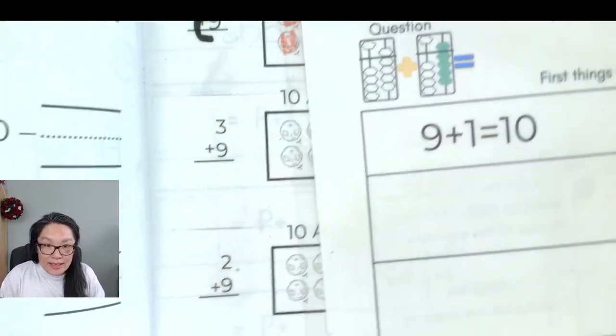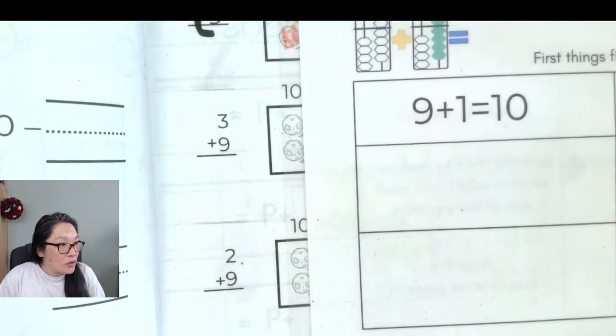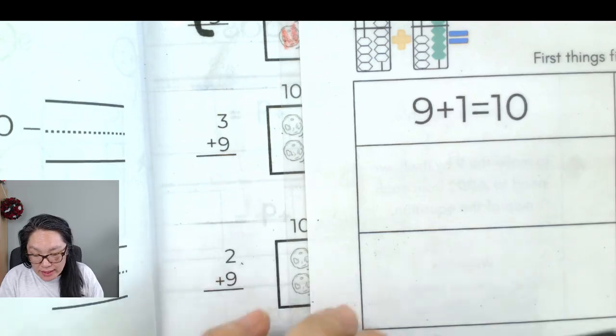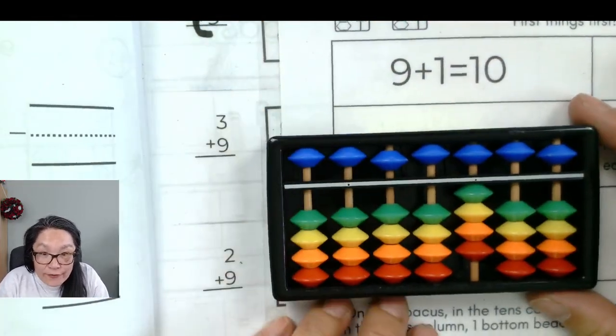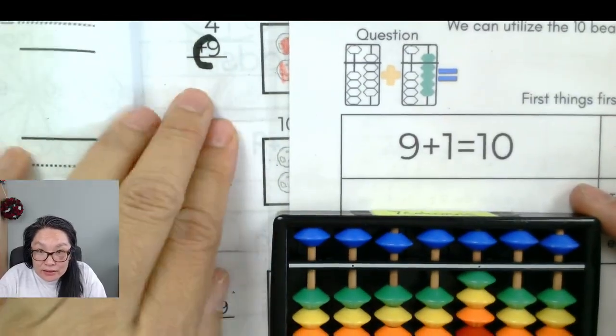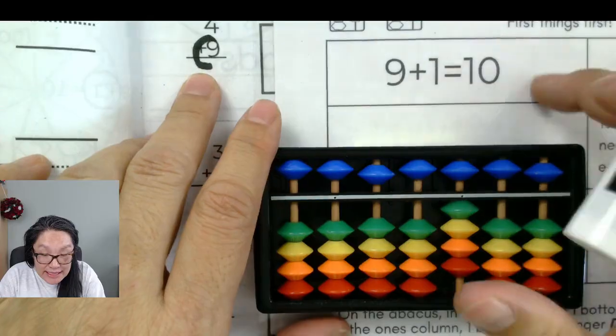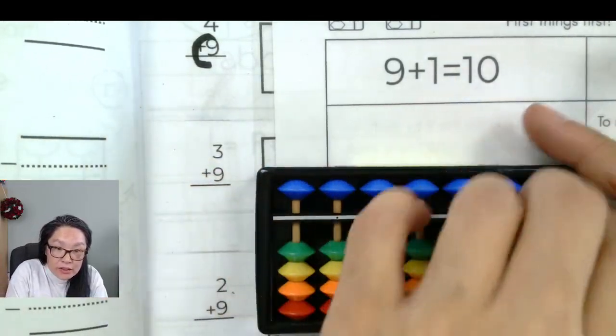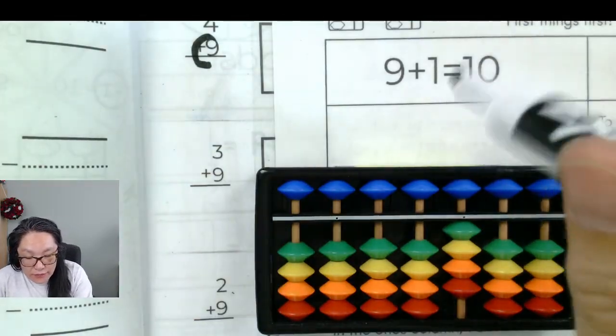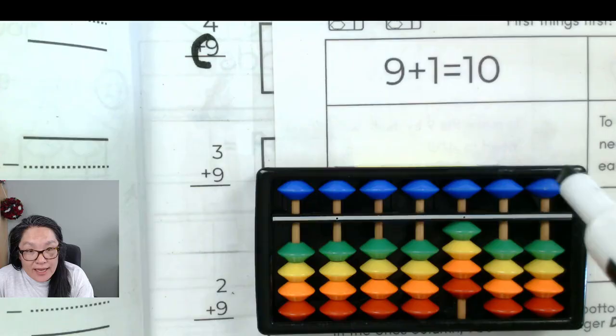Let's do 9 because 9 has the most questions that we can utilize. So we have 4, and I want to add 9. I can't add the 9. This is very familiar. I give you the concept that 9 plus 1 is equal to 10.